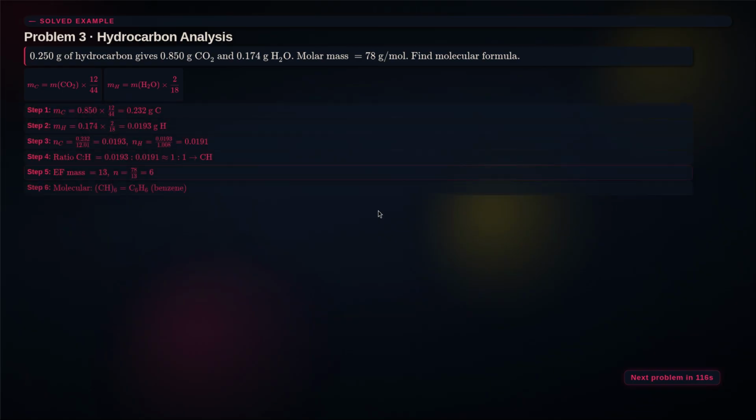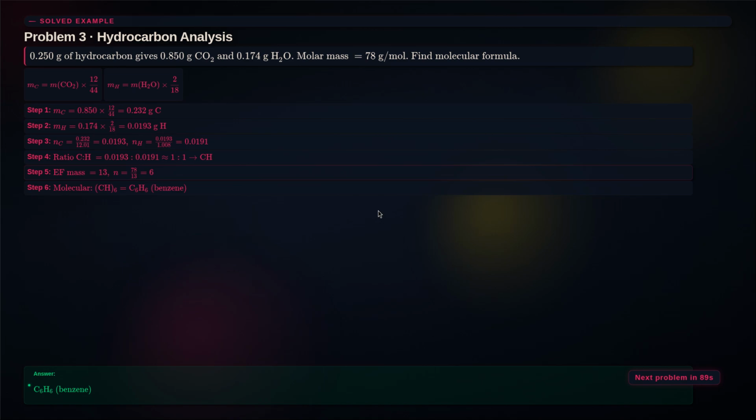Problem 3. Hydrocarbon analysis. A 0.250 gram sample of a hydrocarbon containing only carbon and hydrogen produces 0.850 grams of CO2 and 0.174 grams of H2O. The molar mass is 78 grams per mole. Find the molecular formula. Step 1. Calculate the masses.